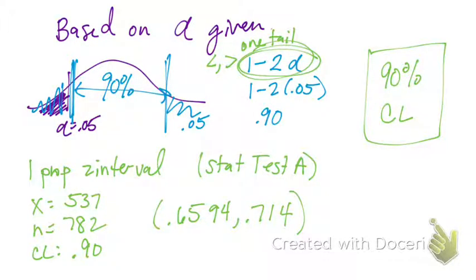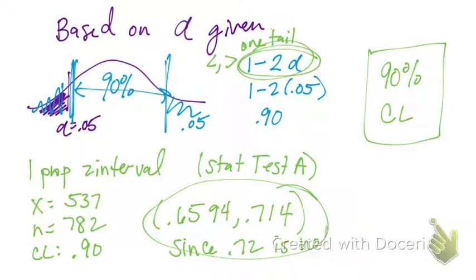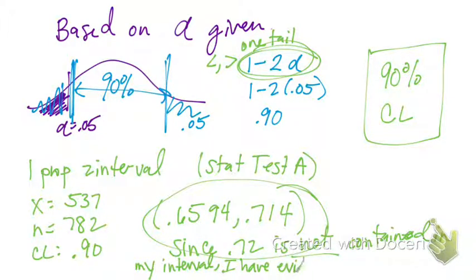What do you notice about this? It's under 72%. The last question, how does it support? So since 0.72 is not contained in my interval, I have evidence to suggest less than 72% of people see white and gold.